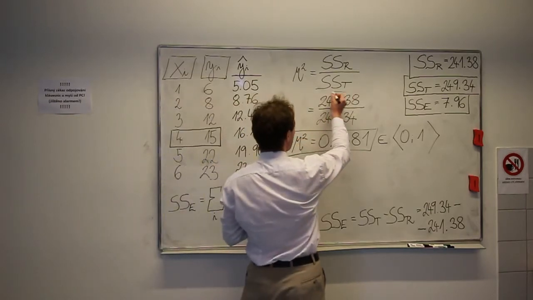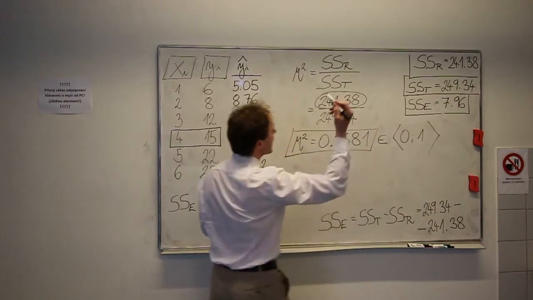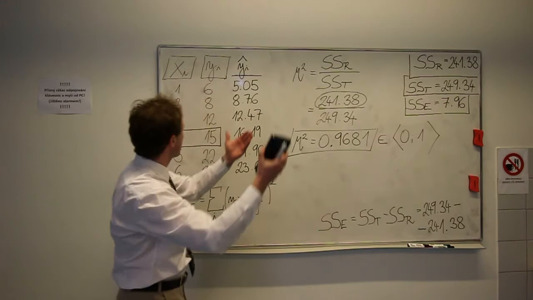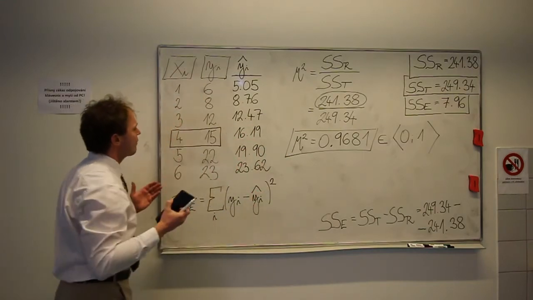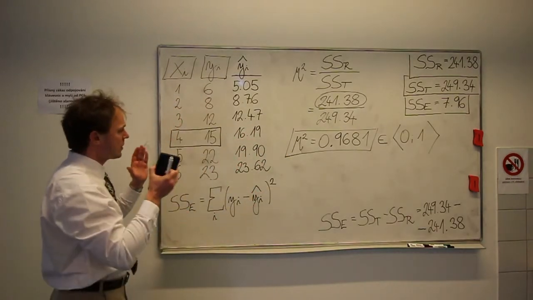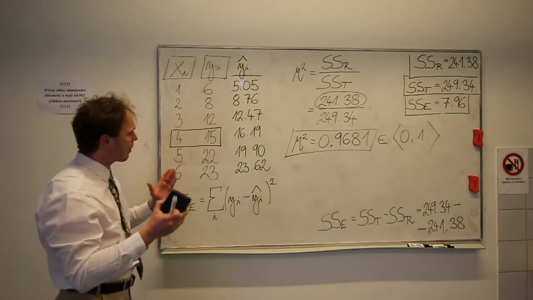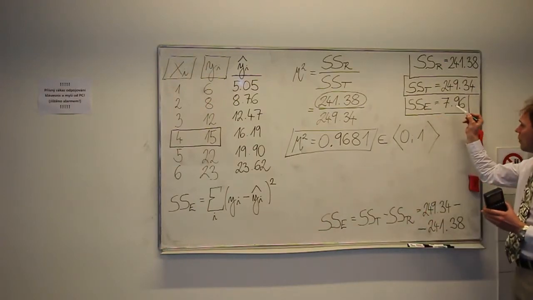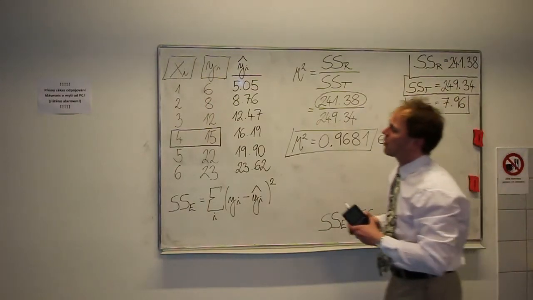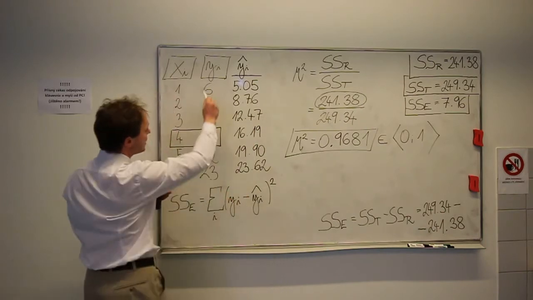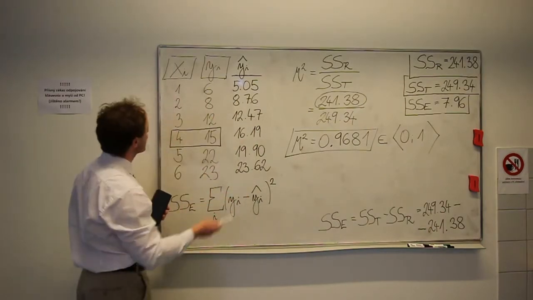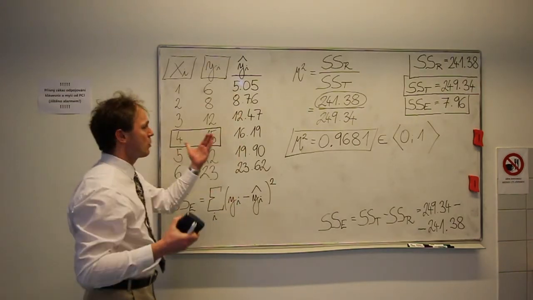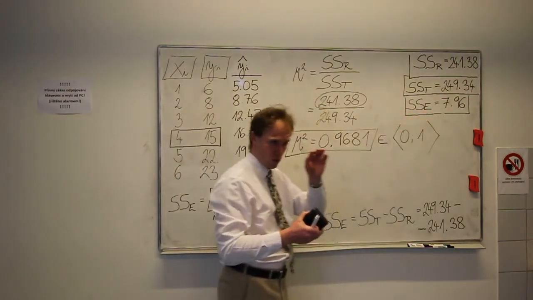If the value in the numerator is the same as the value in the denominator, then all the data set is explained by this line, by this model, by this function. The sum of squares residual will therefore be 0, because we will have no differences between empirical values and fitted values.